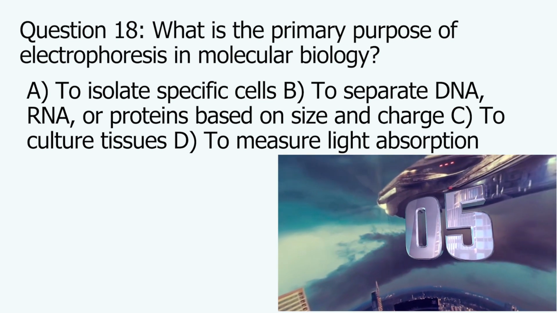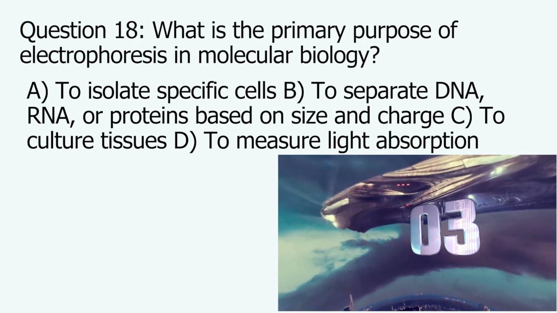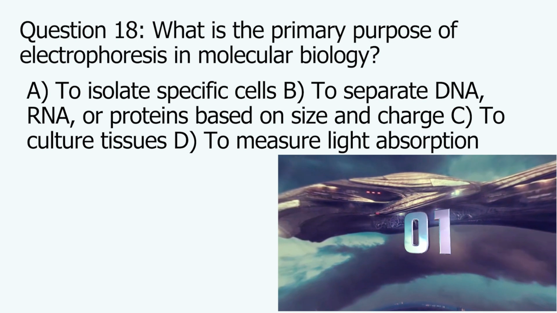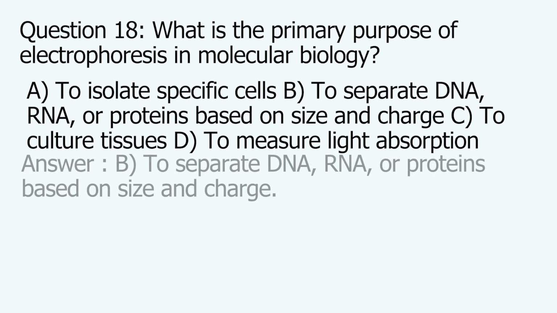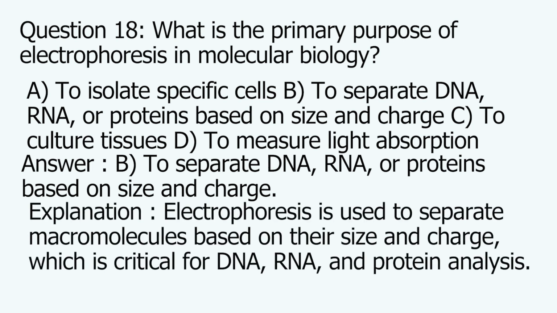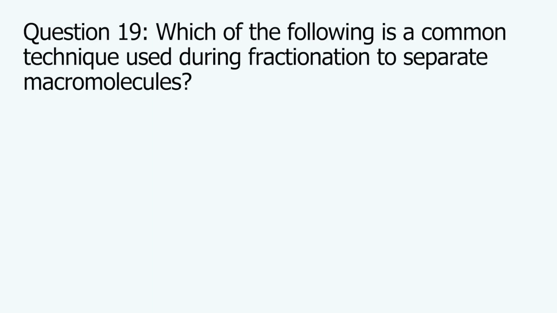Answer. B. To separate DNA, RNA, or proteins based on size and charge. Explanation. Electrophoresis is used to separate macromolecules based on their size and charge, which is critical for DNA, RNA, and protein analysis.